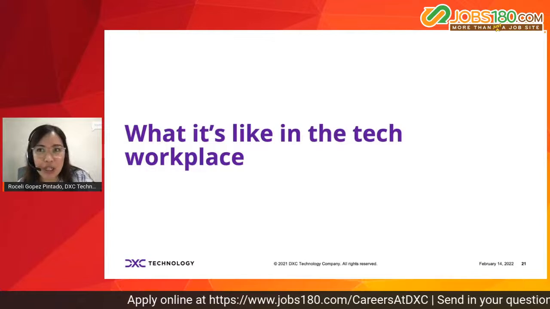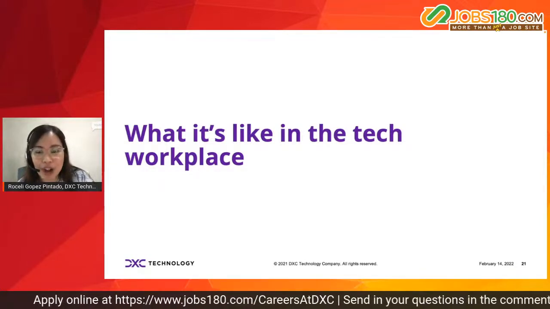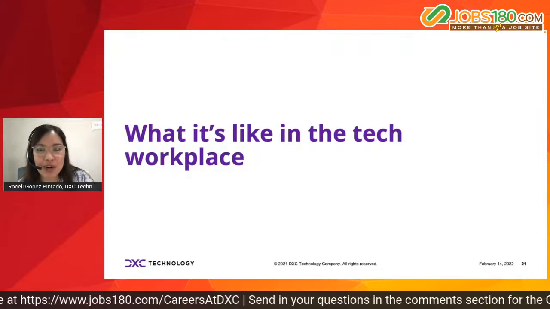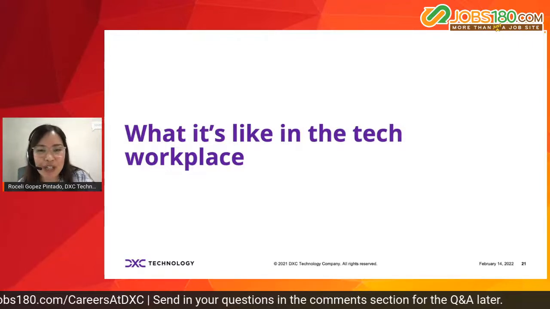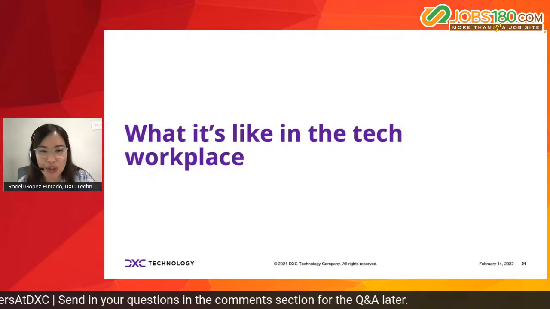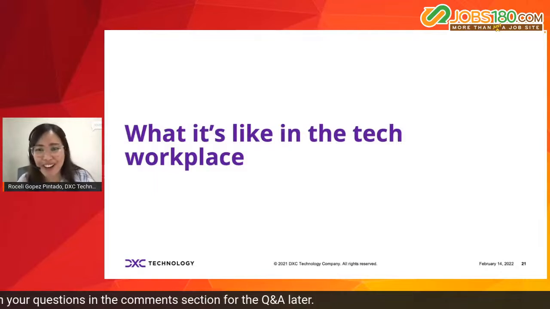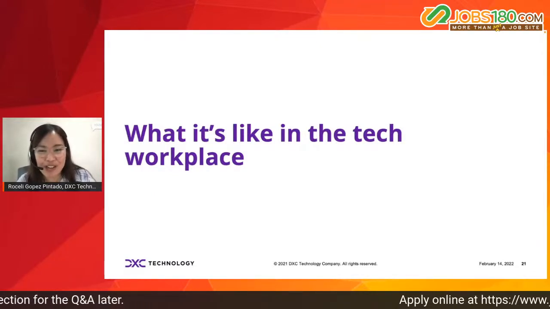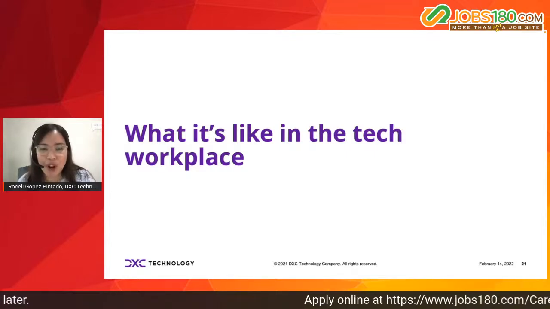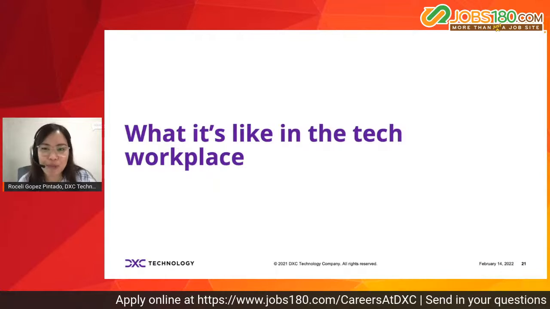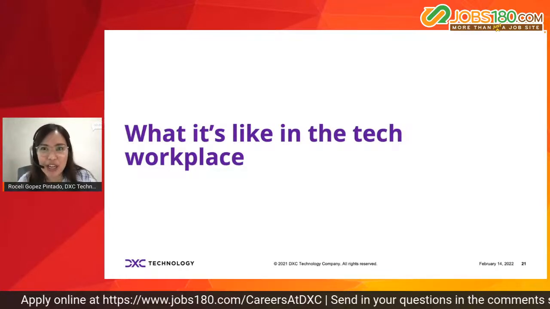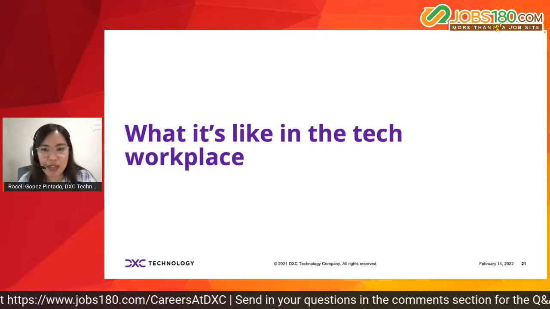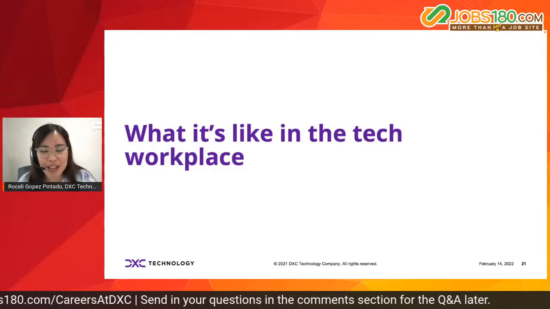But a lot of those workshops, planning sessions, collaboration sessions that we do internally as a team or even with the customers, obviously that happened a lot pre-pandemic, right? We don't see each other face to face right now. A lot of that has been moved virtually into the different meeting and collaboration platforms. But just to give you an idea, working at a tech place is dynamic, it's fun.